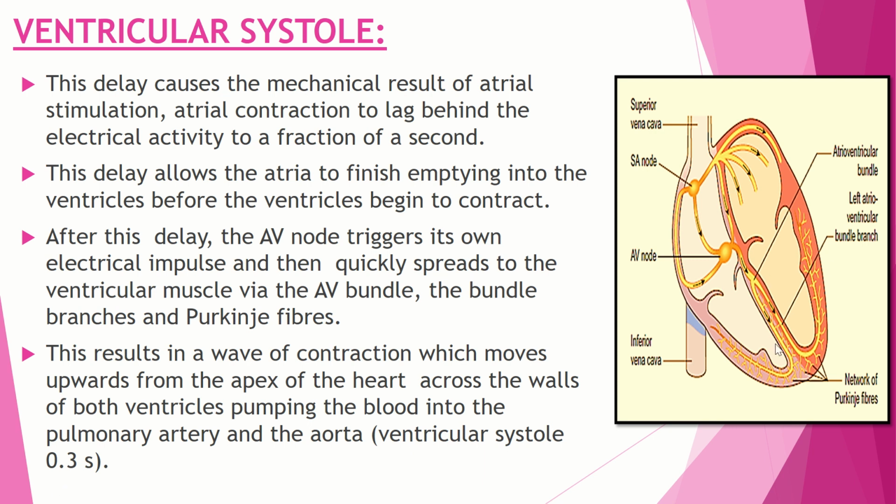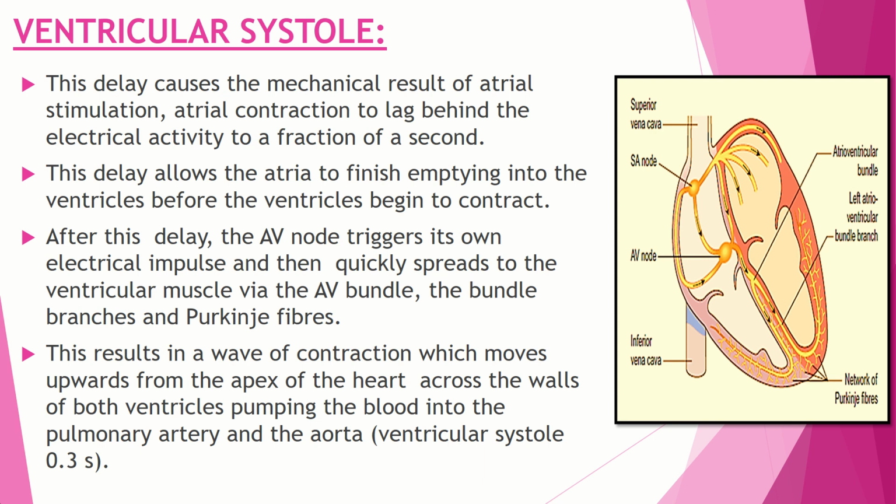The deoxygenated blood is sent through the pulmonary artery to the lungs for purification, and the oxygenated blood is sent through the aorta to all parts of the body, because all the cells need oxygenated blood. The total time is about 0.3 seconds.